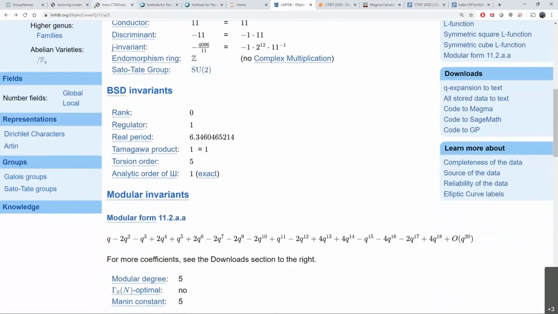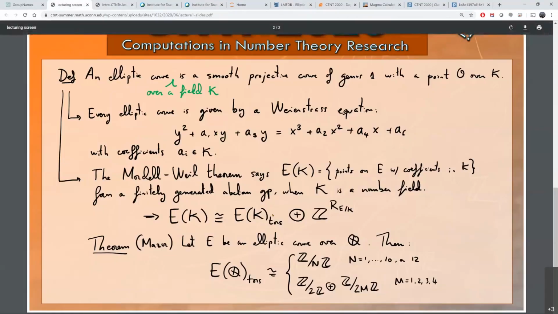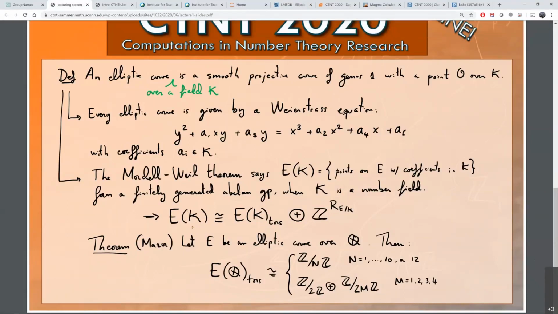And something, for example, that is of interest is finding what types of isomorphism types there are for elliptic curves over a number field. For example, over Q, what isomorphism types are there for the Mordell-Weil group? One theorem of Mazur tells us what the possibilities are for the torsion subgroup.